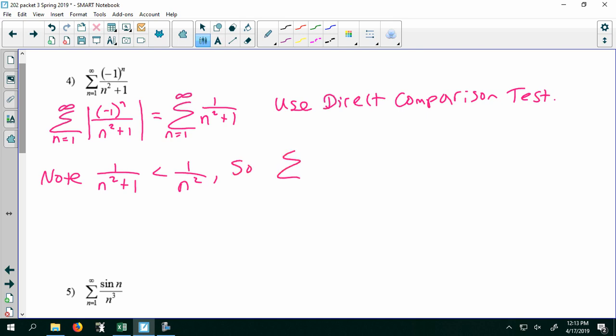So the sum of 1 over n squared plus 1 is smaller than the sum of 1 over n squared, because all of its terms are smaller, so the final sum must also be smaller.